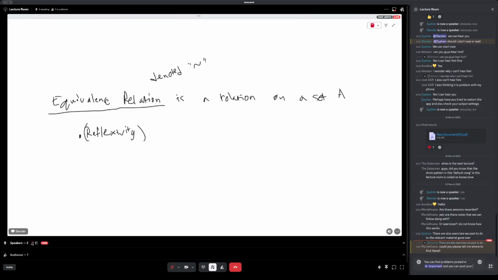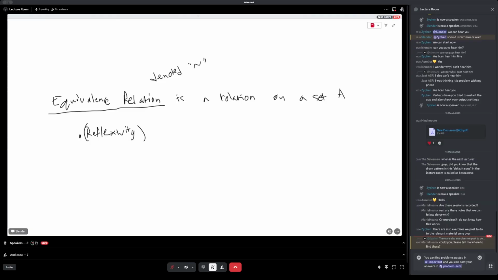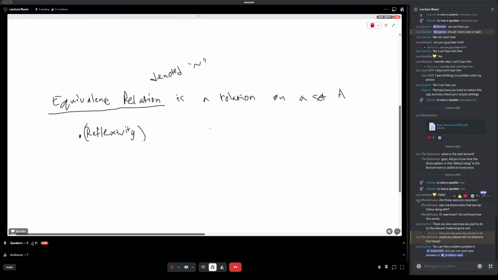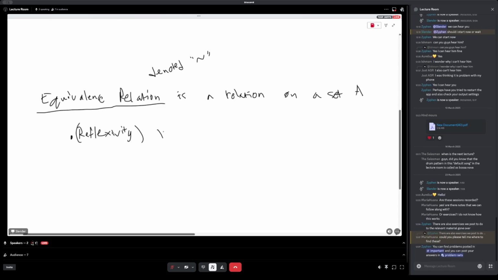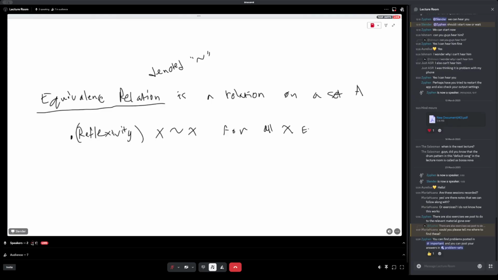You can use any symbol, this can work for now. So firstly, we have x is in relation with itself for all x in this set. So that's the first property, that any element is always in relation with itself.